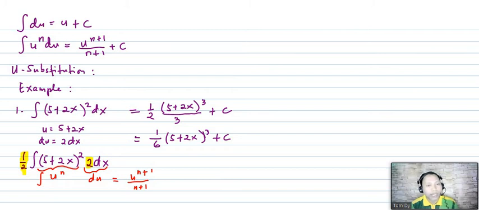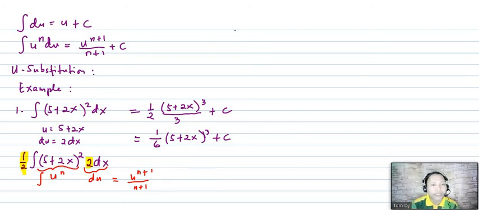So, let us try to expand this one. It is a bit long, so we will stop there. They are equal. If we take the derivative of this one, it will go back to that value. Okay? So, they are equal with the previous example.